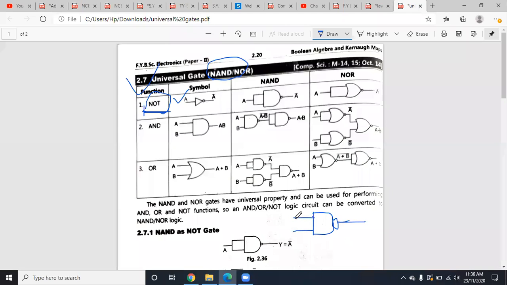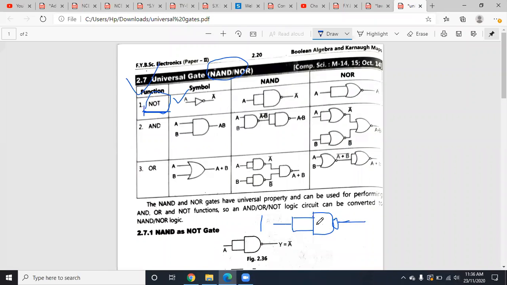Now, if I short both of the inputs and provide one input to that, this is how my NOT gate will perform. How? Let's see. If I give input equal to 1 here, what will be the answer? 0.